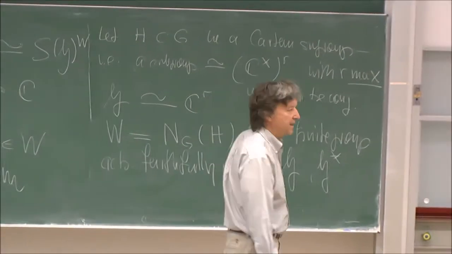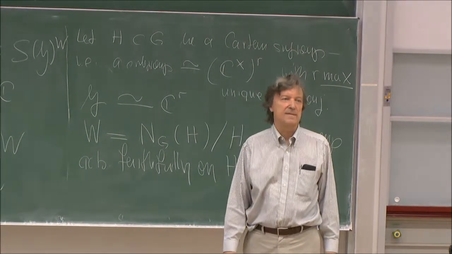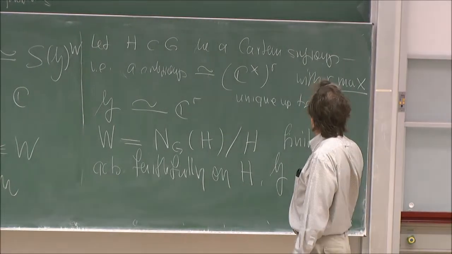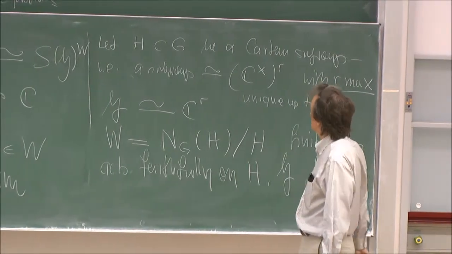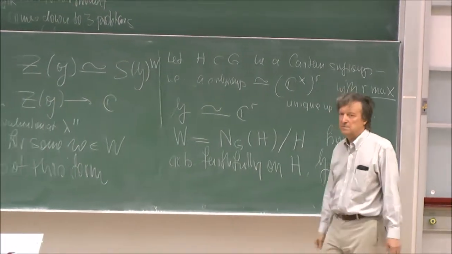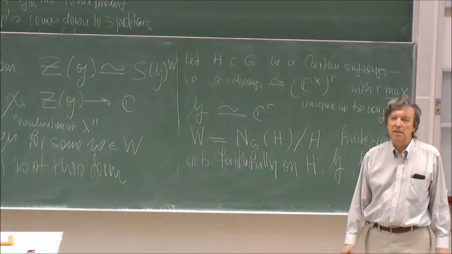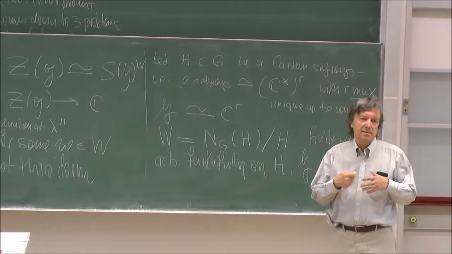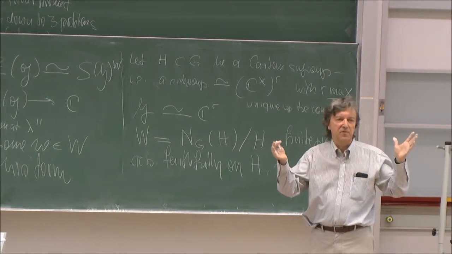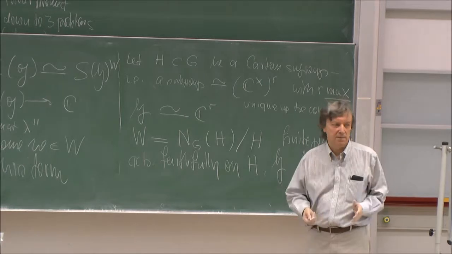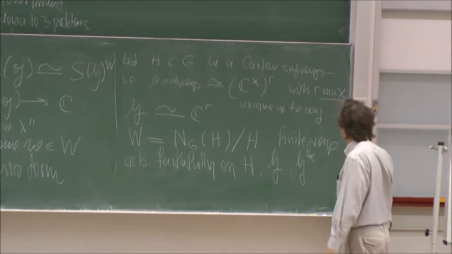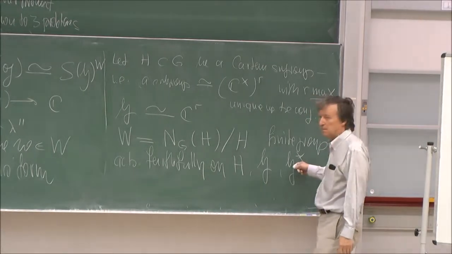So in H star, there is a natural lattice. What is this lattice? If I look at the homomorphisms of algebraic groups from C star to (C star)^r, the set of all such homomorphisms is naturally isomorphic to Z^r. And that copy of Z^r sits inside H star.